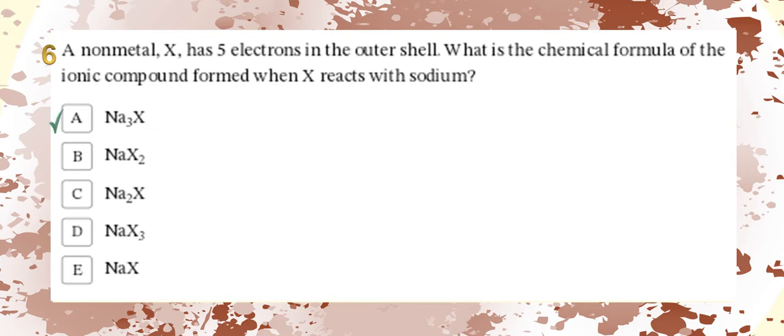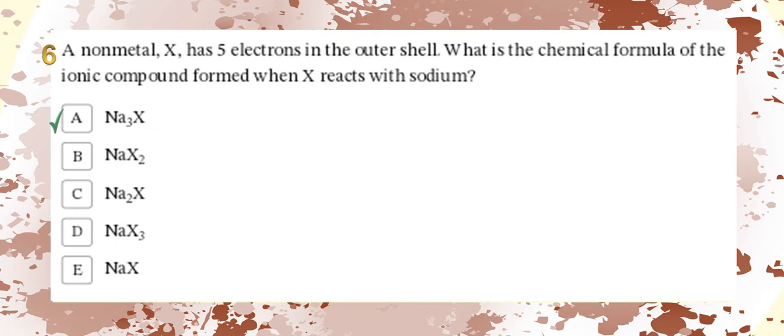We'll take the 3 electrons from X, and Na will give 1 to X, so we didn't write 1. The right answer will be number A, Na3X. This is the chemical formula of the compound.